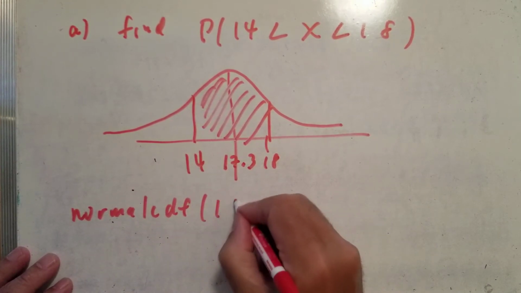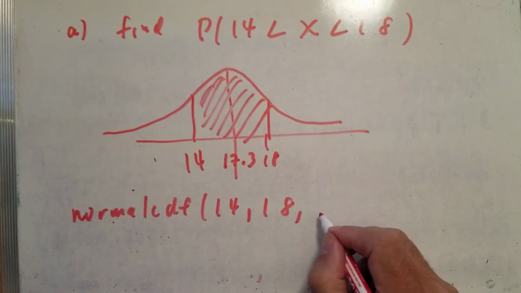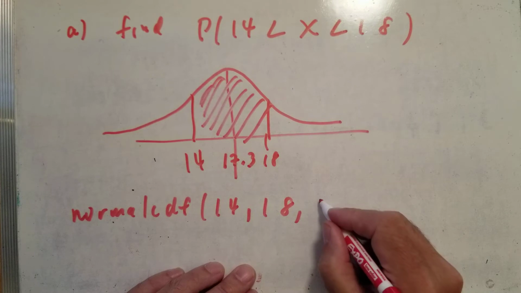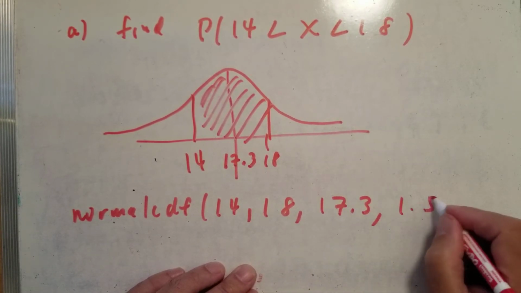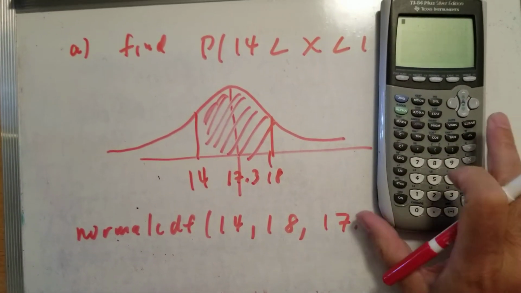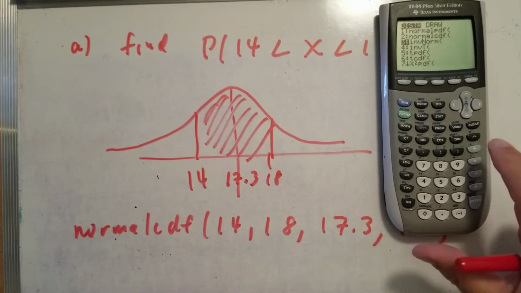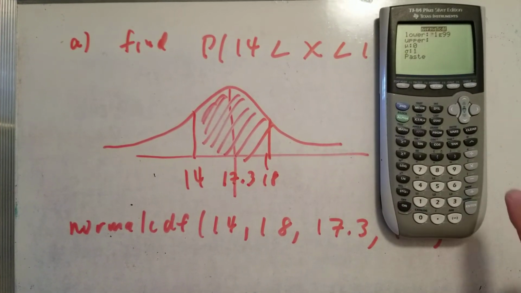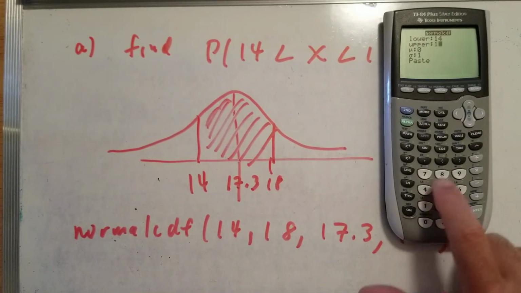The low x is 14, the high x is 18. And now you have to enter the value of the mean and standard deviation. The mean is 17.3. The standard deviation is 1.5. And on the calculator, distributions, normal CDF, the low x is 14, the high x is 18.